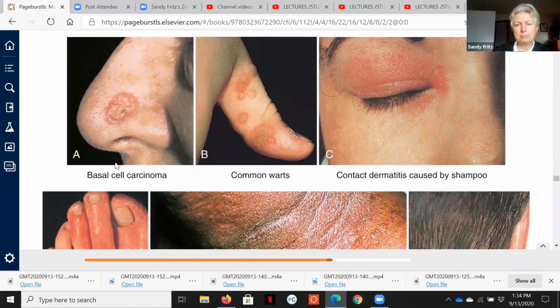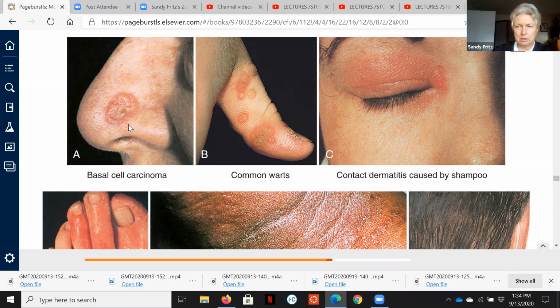So here's a figure that gives you some examples of common skin conditions. We do want to be very attentive to looking at the changes that can occur in the skin related to malignancies.